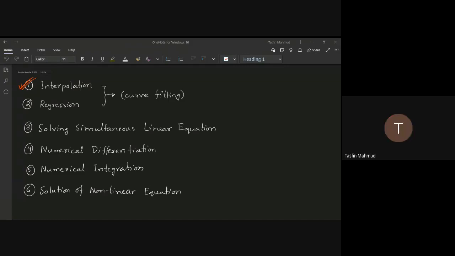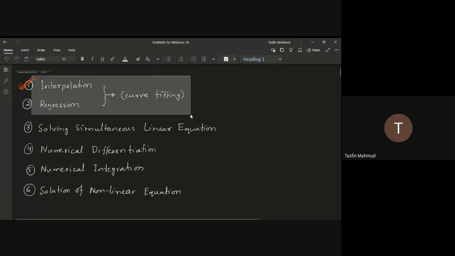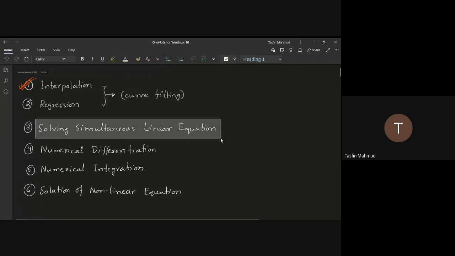Okay, so I guess my screen is visible to everyone. These were the experiments that we are supposed to conduct in Tripoli 282, and we have completed the first five, right? So we have completed interpolation and regression, the curve fitting techniques. Then we have gone through solving simultaneous linear equations.